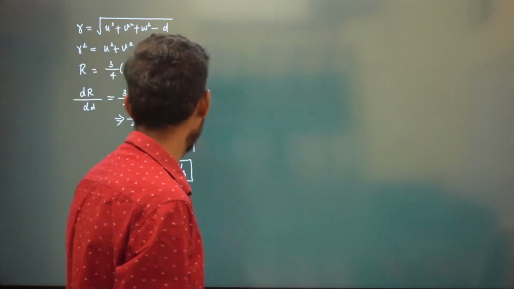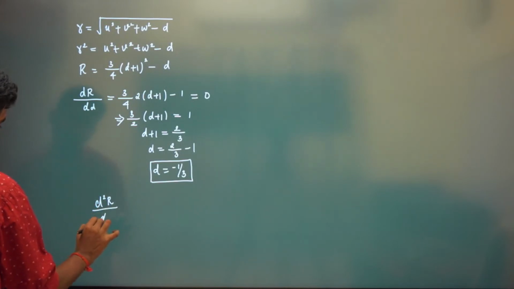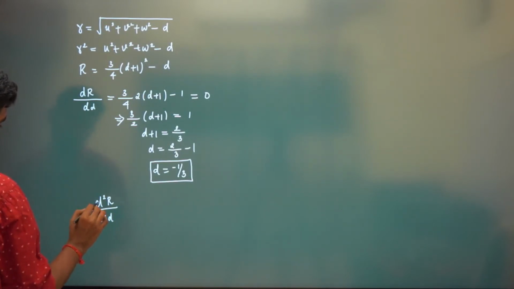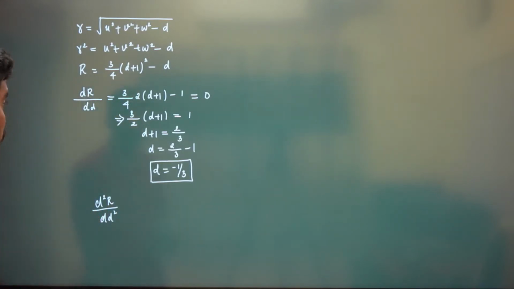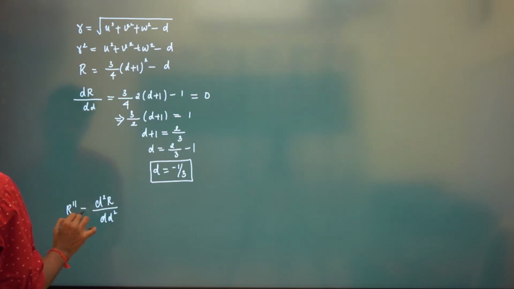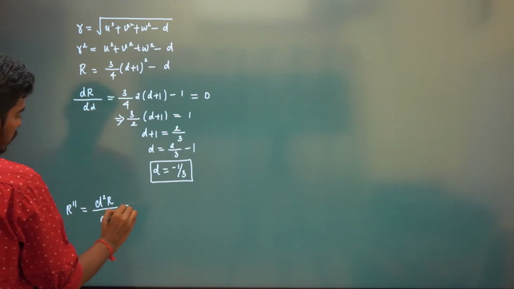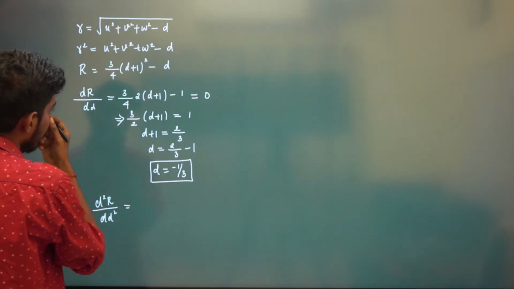Now we find d square R by dd square, that is, I'm finding the second derivative, R double dash. Differentiate this once again.